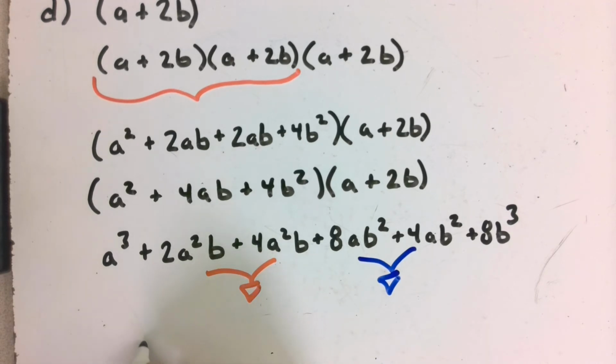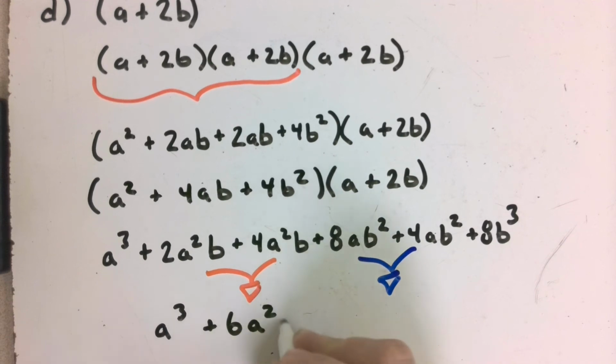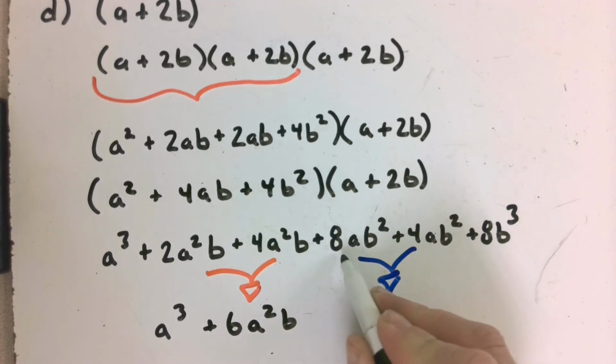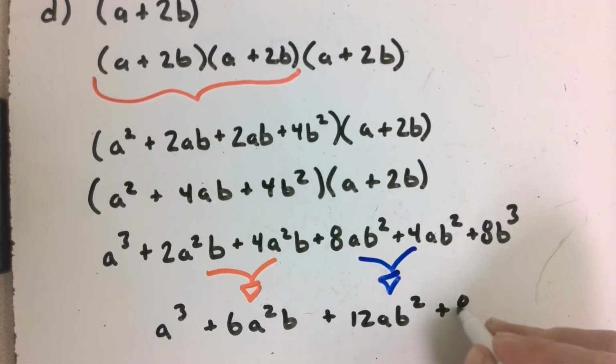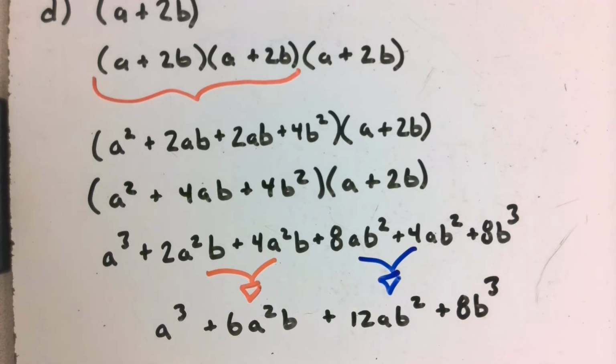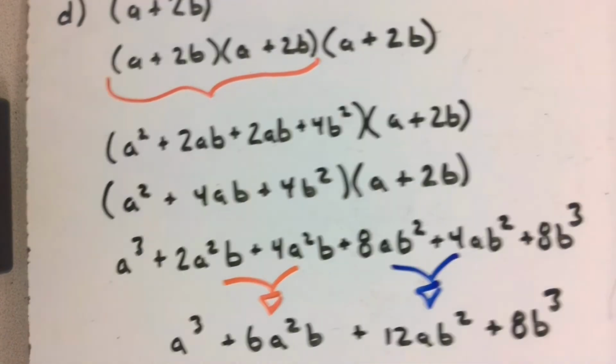So final answer, we would need an a³ to start with, and then 2a²b plus 4 more a²b would give us 6a²b's. 8ab² plus 4ab² would be 12ab², and then on the end are plus 8b³. So there's our final answer on that one. Distributive property and combined like terms. That is what we're doing on each problem.